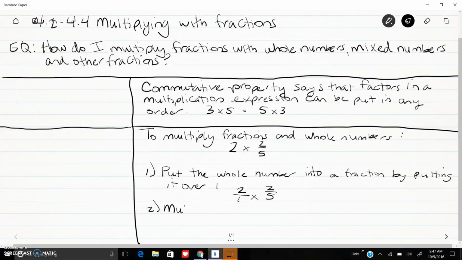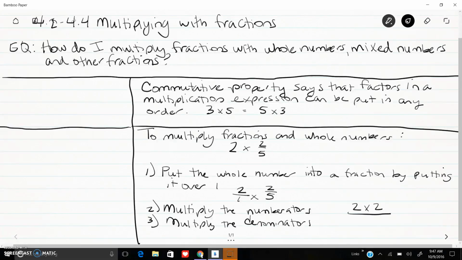So I'm going to multiply the numerators. And then step 3, I'm going to multiply the denominators. And it should look like this. So I've got 2 times 2 over 1 times 5.